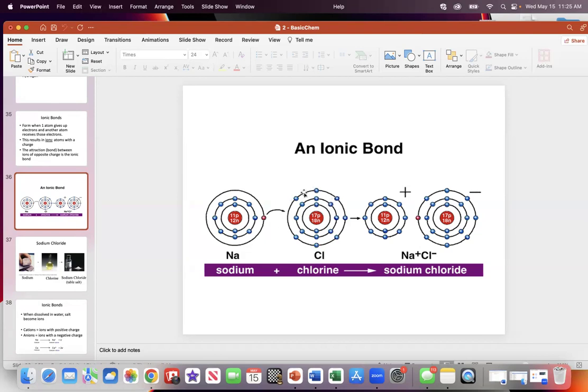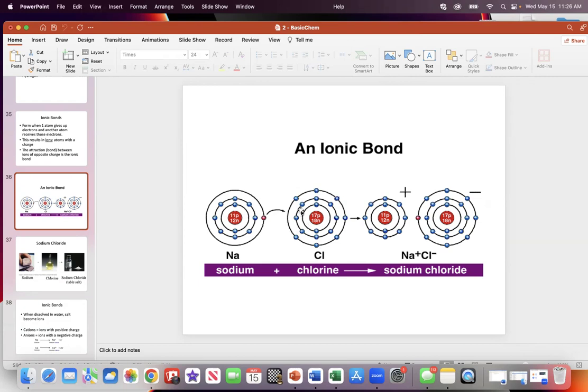And every atom wants to follow the octet rule, which is the 2-8-8 rule, to make them happy. Happy means low energy. So for chloride, it's much easier to gain 1 electron. It has 7 already. To gain 1, it has 8, instead of giving those 7 away. So chloride loves to gain one more electron.